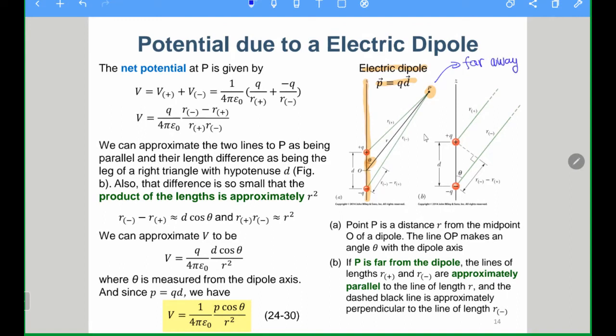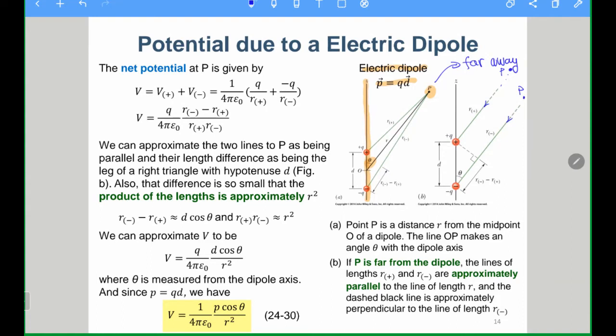So when we connect P with this positive charge and P with this negative charge, these two lines are parallel. If P is not far away enough, then of course this is not so parallel. But if P is far away enough, we can assume these lines are parallel to each other. Then we can have some approximation.